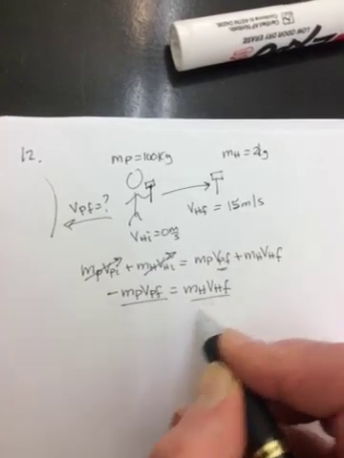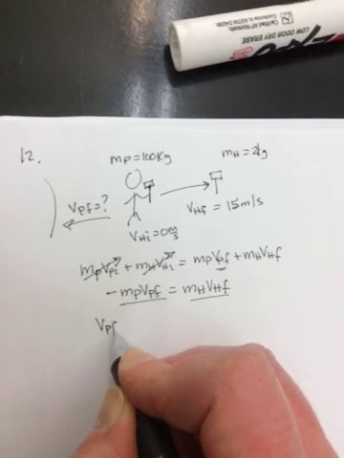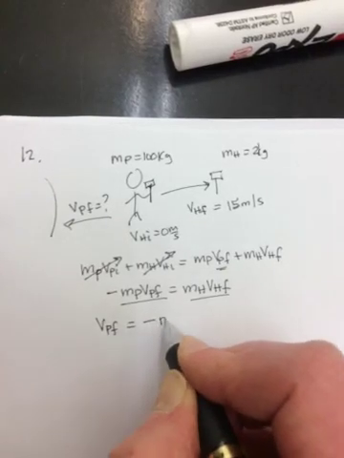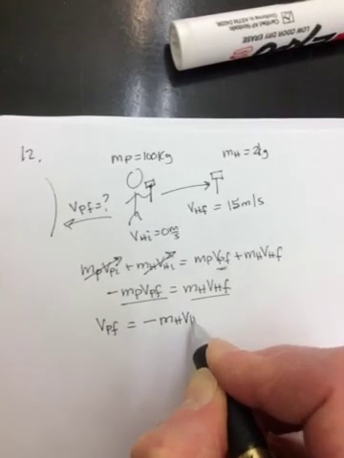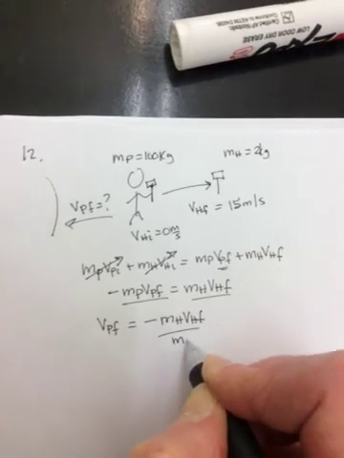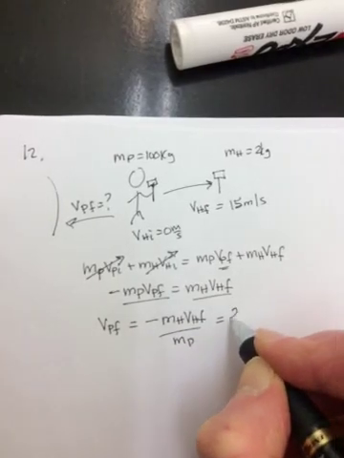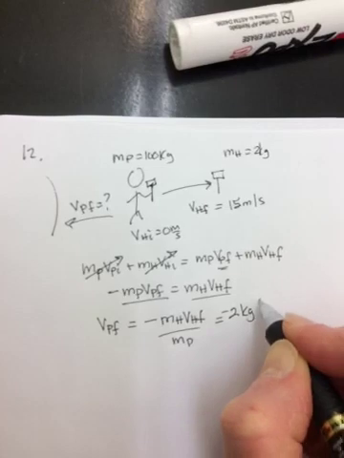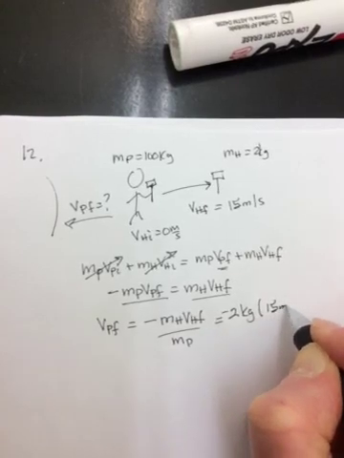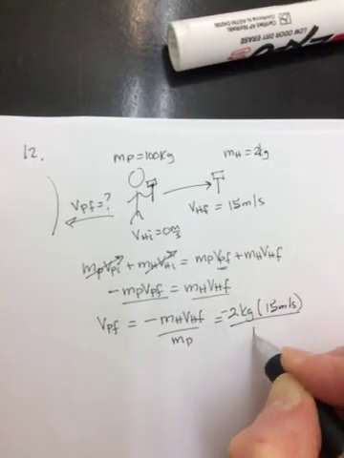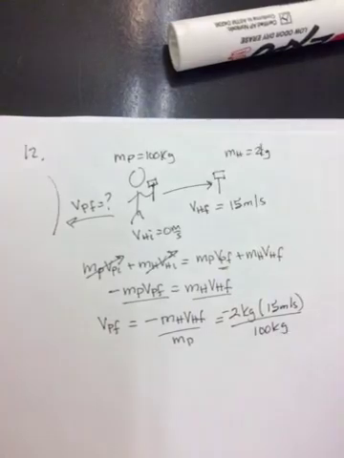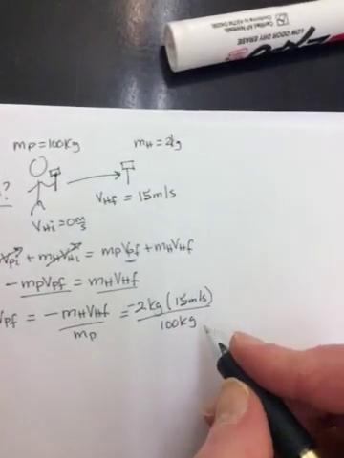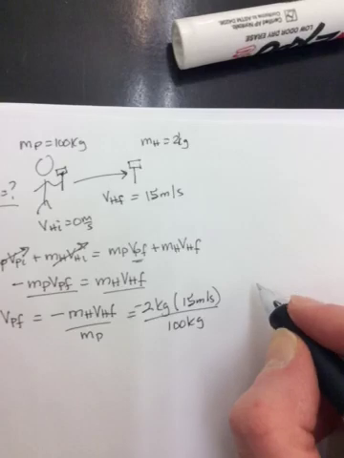Divide both sides by the mass of the person. So V of the person final will equal negative M of the hammer, V of the hammer final, over M of the person. Hammer was 2 kilograms. Final was 15 meters per second. Mass of the person, 100 kilograms. On the top, negative 30. On the bottom, 100.